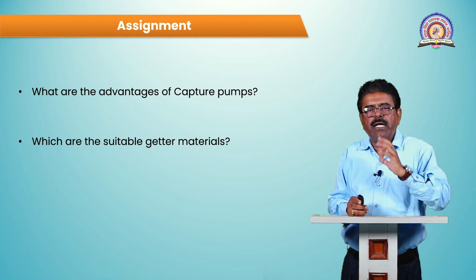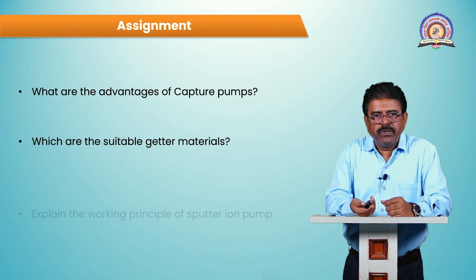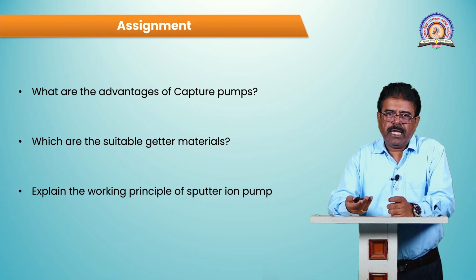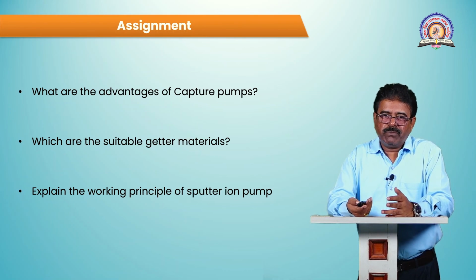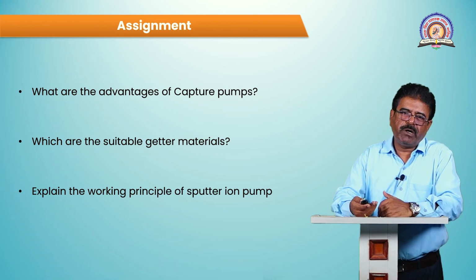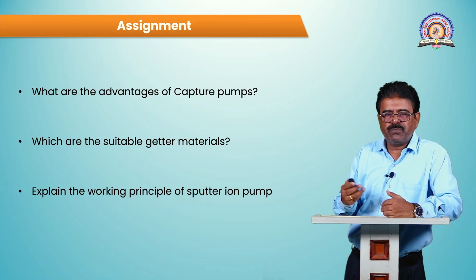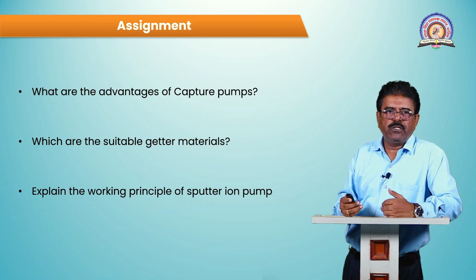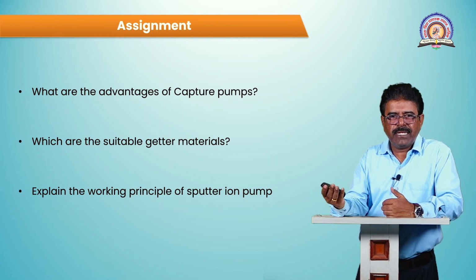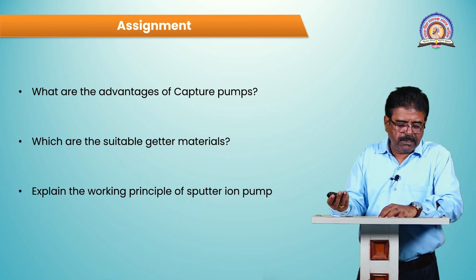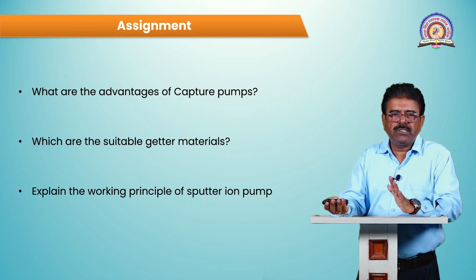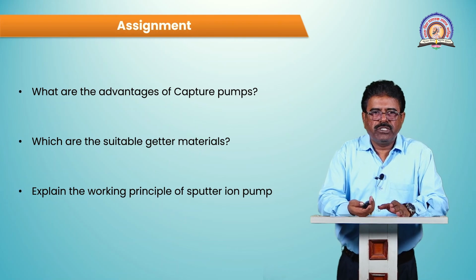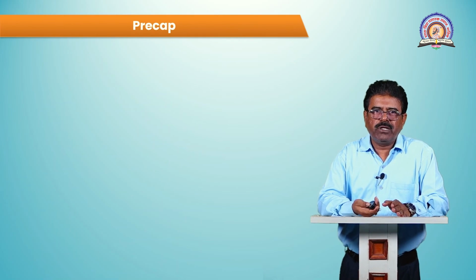All these are different getter materials. And one more question: explain the working principle of the sputter ion pump. The second type of pump which I have explained is the sputter ion pump. The working principle, the Penning cell and the Penning discharge, is the main concept, using both electric and magnetic fields. Both these points I have explained in detail.